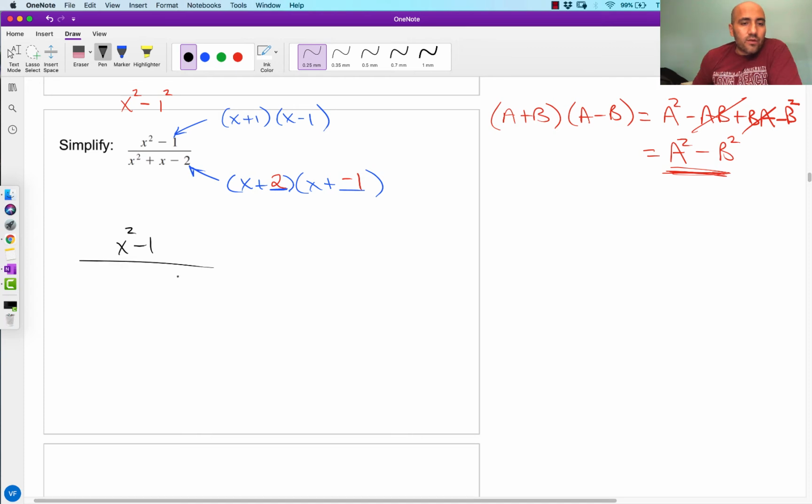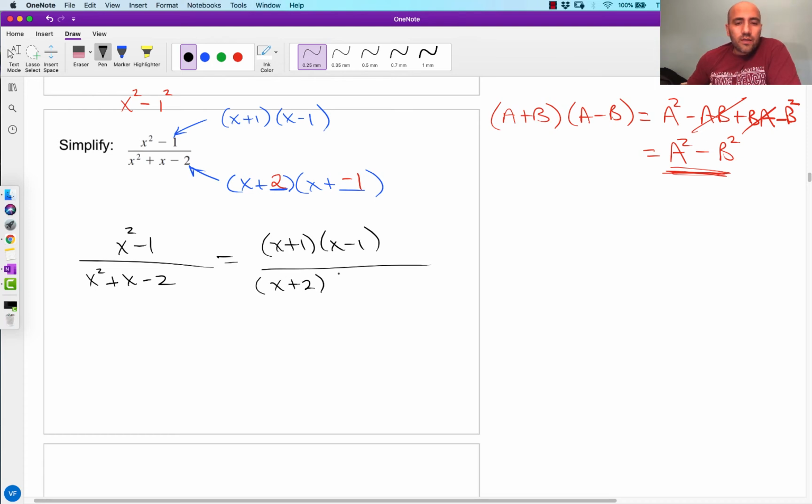X squared minus 1 divided by x squared plus x minus 2 is equal to x plus 1 times x minus 1 divided by x plus 2 times x minus 1. And now that everything's being multiplied, I can now reduce these guys. And so my final answer is just going to be x plus 1 divided by x plus 2. Nothing else will reduce. That'll be our answer.